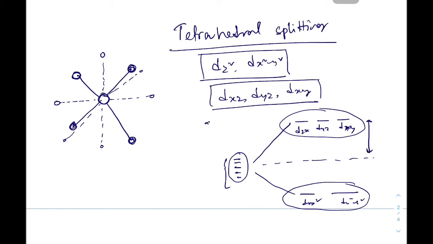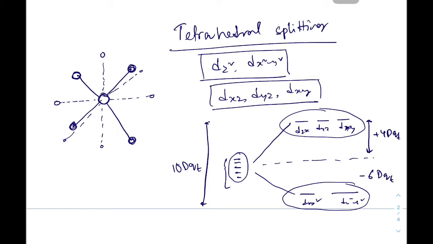If this energy gap is totally 10 Dq t, because this is tetrahedral, so there are 3 orbitals, so it is plus 4 Dq t, and because there is a lesser number of orbitals causing stabilization, the higher number is 10, it is minus 6 Dq t.